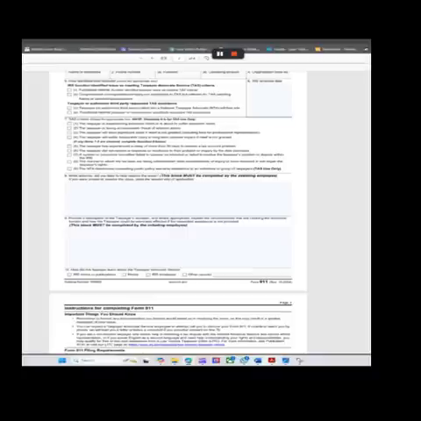This is fraud. This is getting people to invest into your company based off manipulated financial statements, saying that you only have assets and no liabilities. It doesn't work like that.